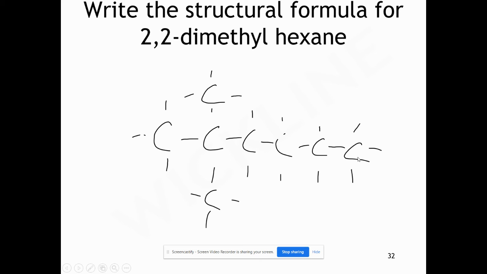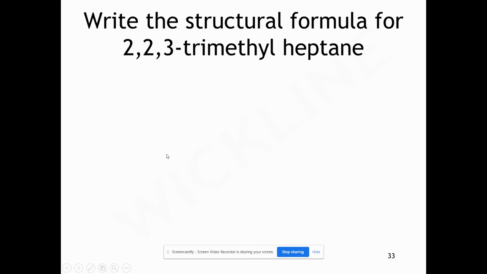So this is where this one's really interesting. You have 1, 2, 3, 4, 5, 6. Okay. You could also go this way. 1, 2, 3, 4, 5, 6. So no matter which way you go, it's a hexane. But you wouldn't go that way because you want to go the closest to the end with your dingle dangles.